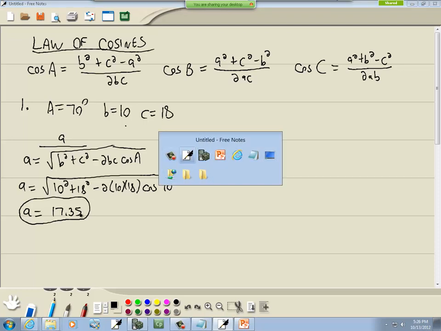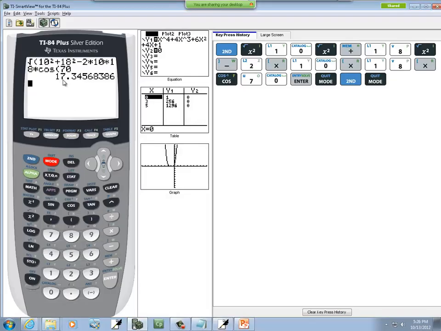Now this was side a. Unfortunately, there is no lowercase a, so I'm going to store this. I press store, and I do alpha math, and I'll throw it into capital A, like that.